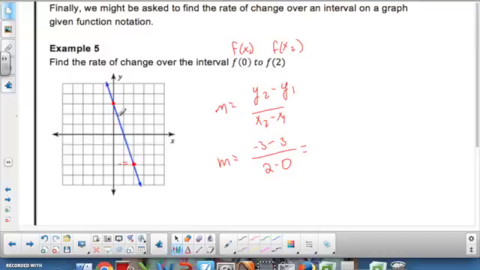So I'm just looking at what's the y value at these different x values and plugging them into my formula. Then I can say negative 3 minus 3 is negative 6, and 2 minus 0 is 2. When I simplify that fraction, I get negative 3 over 1, which we can just write as negative 3.